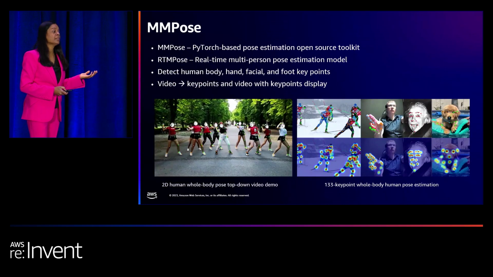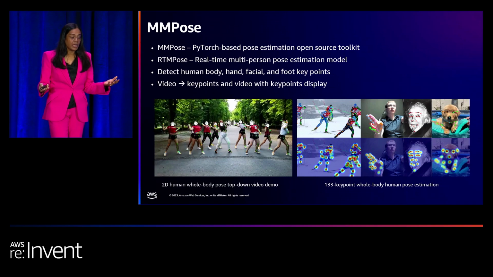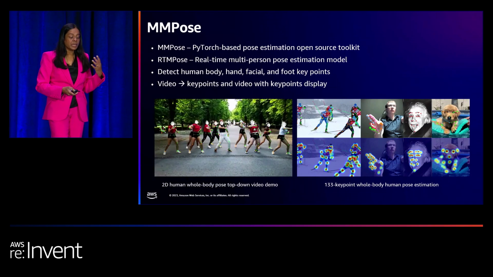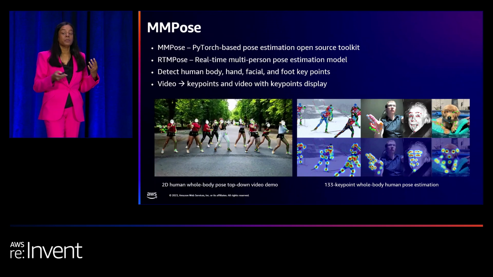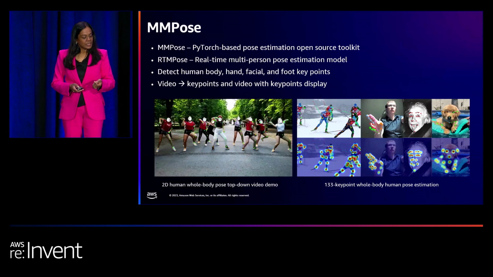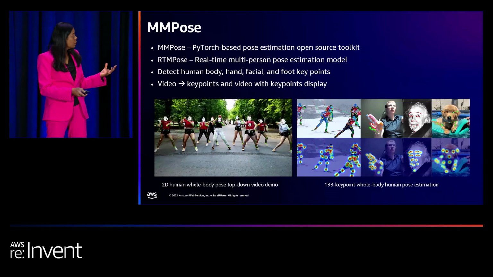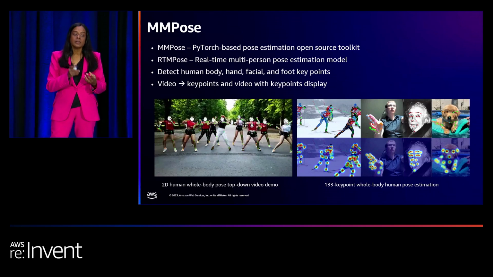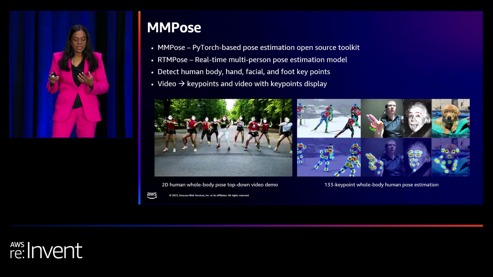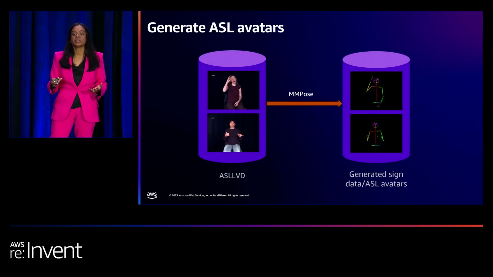So having looked at the input data set, I'd like to touch a little bit upon MMPose and RTMPose, which is the real-time multi-person pose estimation model that's powering the solution. So you can sort of see the 2D human whole body pose estimation. We're using 133 key points. RTMPose is able to generate those avatars.